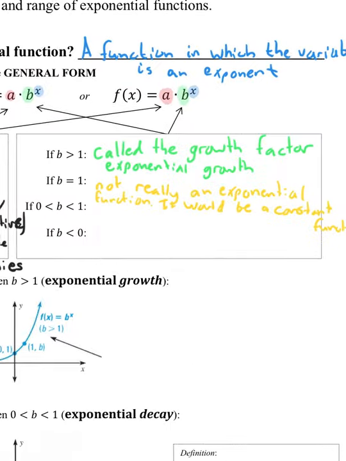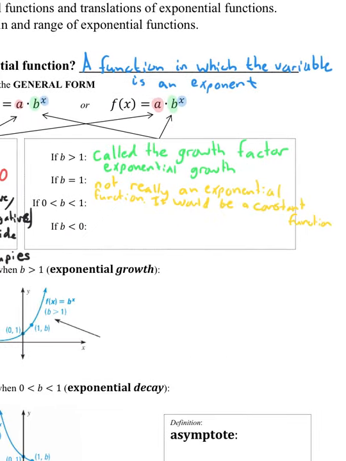If b is between 0 and 1, so it's a decimal or a fraction, like 3/5, a number between 0 and 1, that's when it's called the decay factor. And that's when you would deal with exponential decay.